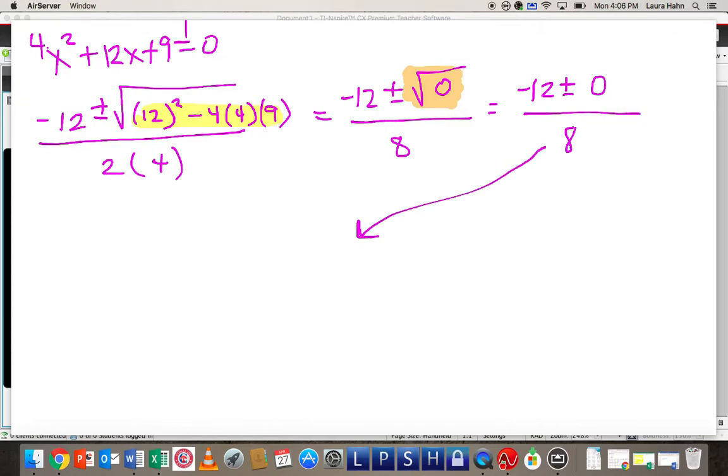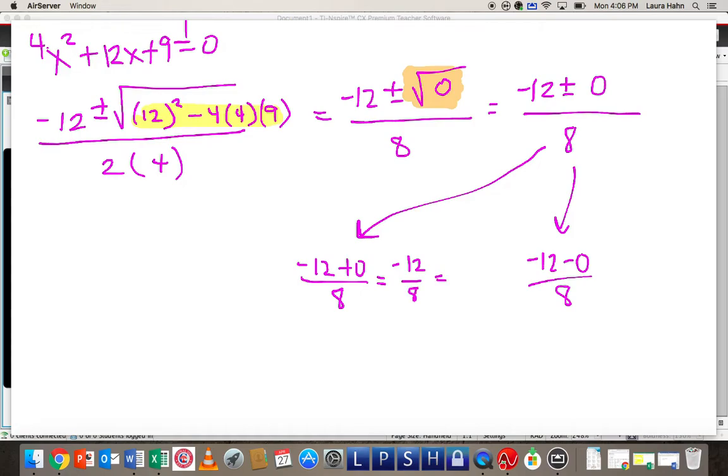So the first time I'm going to take negative 12 and add 0 before I divide by 8. The second time I'm going to subtract 0 before I divide by 8. Okay, so let's do this one first. Negative 12 plus 0 is negative 12.